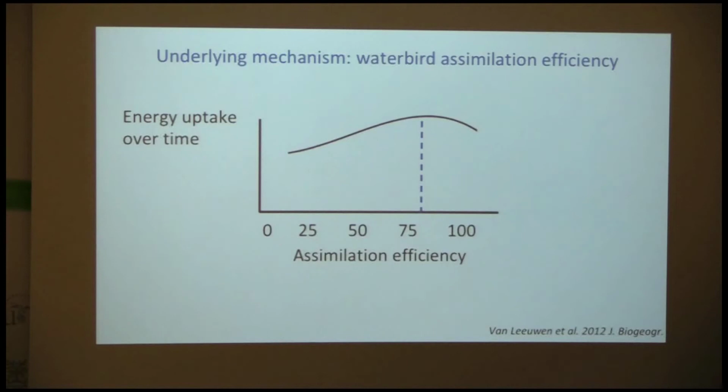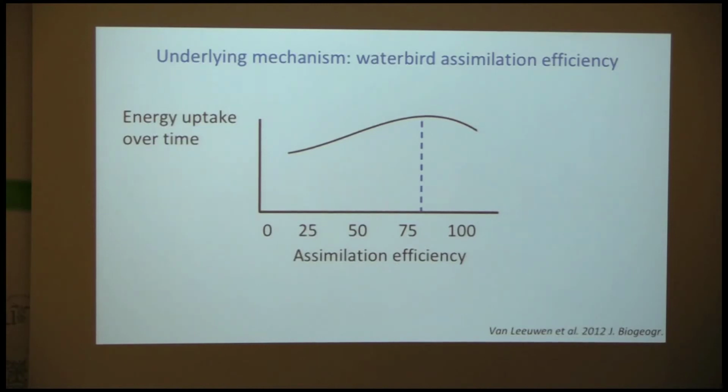If you think about digestion of a waterbird or an animal in general, suppose an animal eats something and wants to digest 100% of what it has ingested. It takes a very long time for the digestive system to process this until the last fiber they ingested is also taken up. So what animals do is generally lower this efficiency of the digestive system to about 3/4, 80% of what you ingest, because then you can process much more food over the same time.